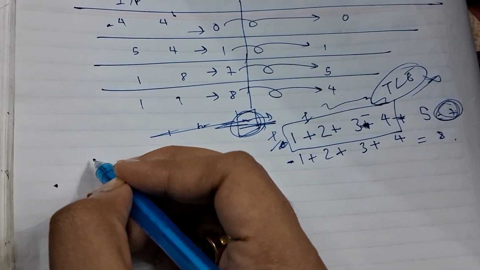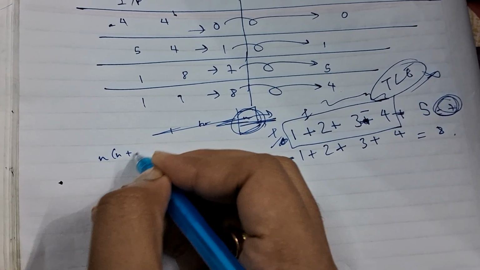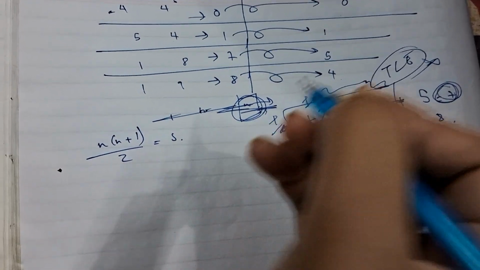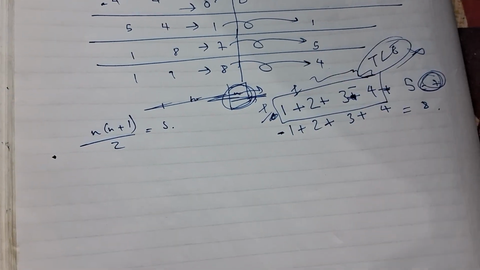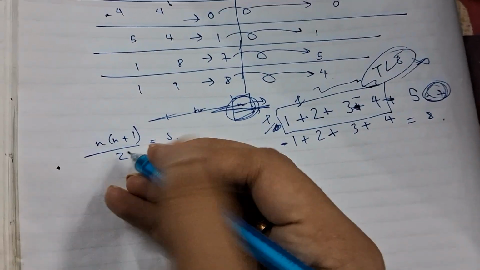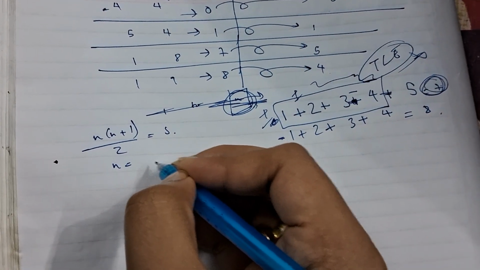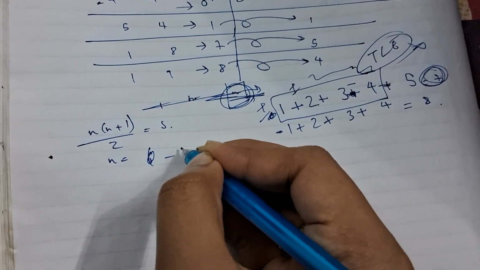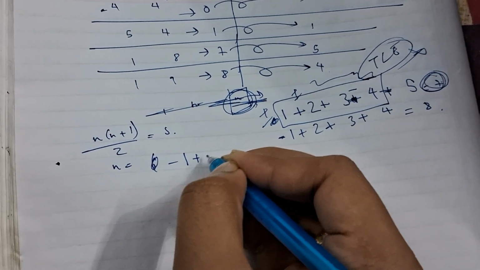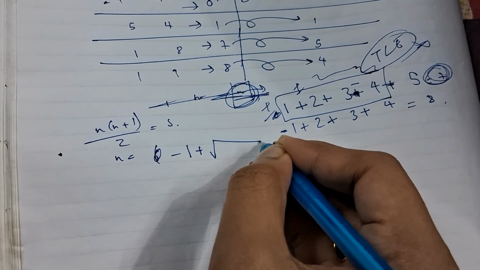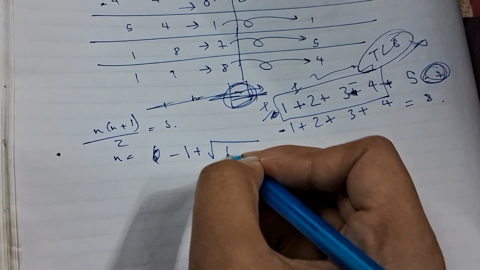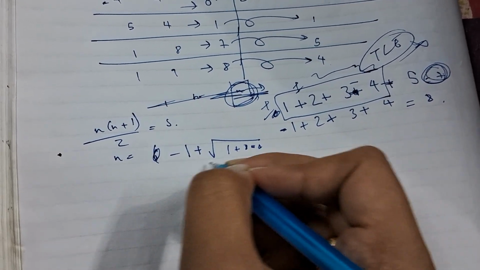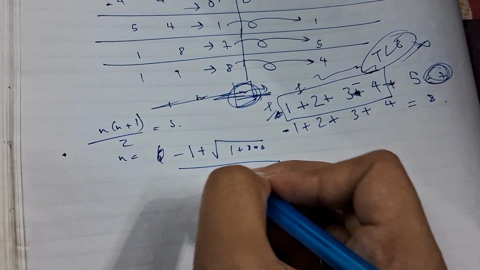So the formula is n into n plus 1 by 2 is equal to S, the sum of first n natural numbers. If you use Sridhara Acharya's formula, you can make n equal to minus 1 plus square root of 1 plus 8 into S, by 2.